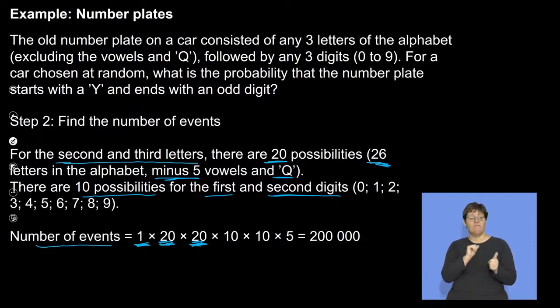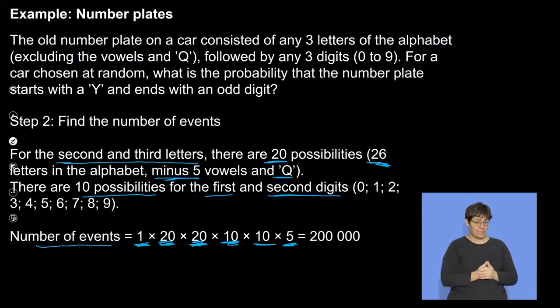Then followed by what? 3 digits. But there's a restriction for a digit, that the last one must be an odd number. But the first 2 digits do not really matter. How many digits do we have? We have 10 digits. So we can have 10 there, and we can have 10 there. But for the last one, because we must end up with an odd number, we have 5 odd numbers.